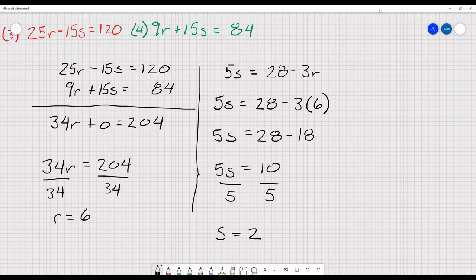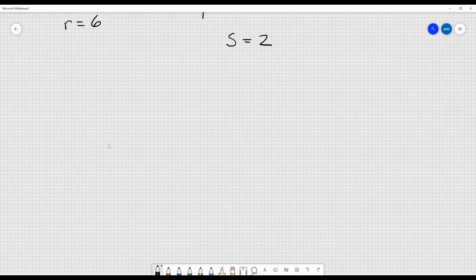Last thing, I'll just take my proposed solutions and check them in the original system. My original system was 5r minus 3s equals 24 and 5s is equal to 28 minus 3r. Now we already know that 6 and 2 work in the second equation because that's how we found the 2 in the first place.